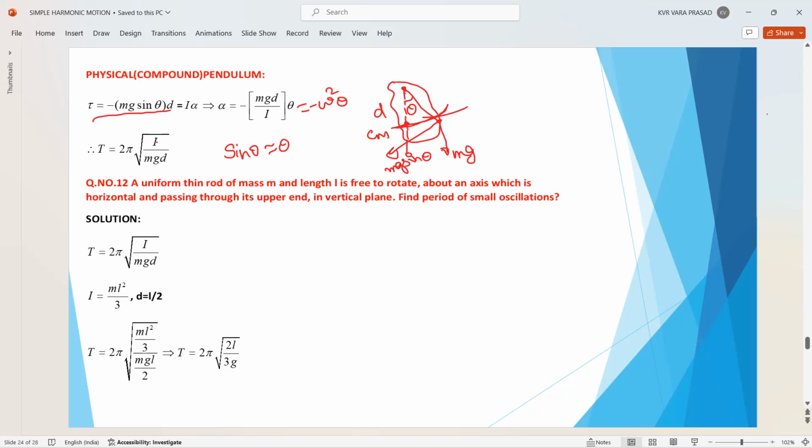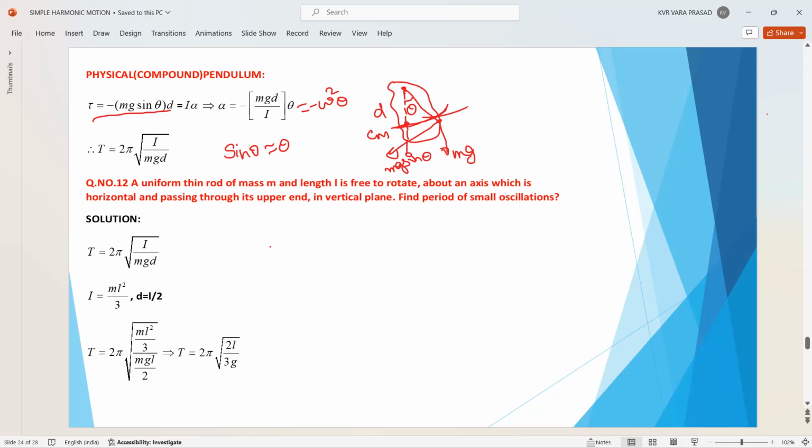Let us take one problem based on this. See the question. A uniform thin rod of mass m and length L is free to rotate in a vertical plane about a horizontal axis passing through its upper end.